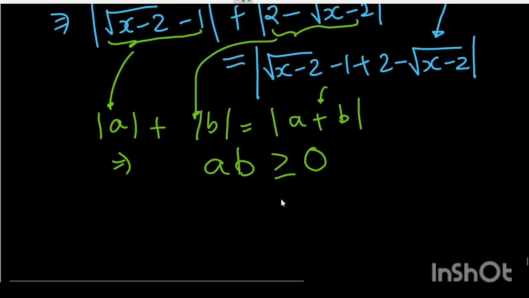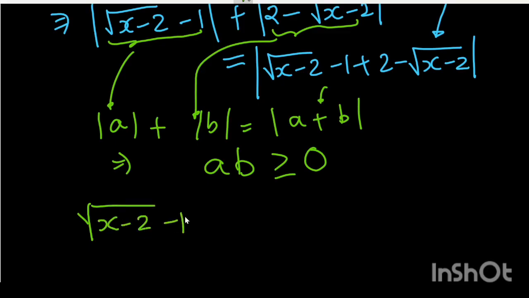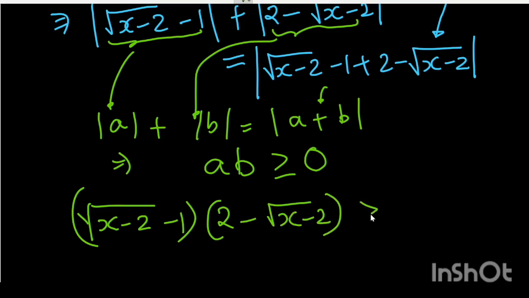So guys, a is root x minus 2 minus 1 into 2 minus root x minus 2 greater than equal to 0, guys. Okay.